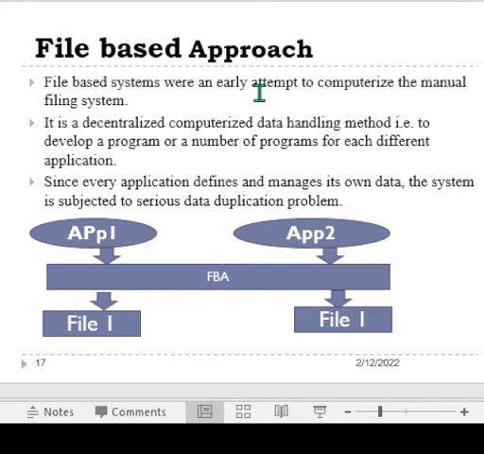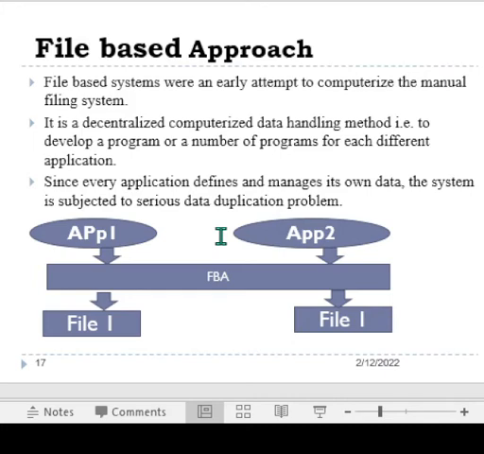Each file is stored independently. That means app1 stores its own data and app2 stores its own file. Because of that, there is no dependency between the data, and no integrity between the applications or between their files.